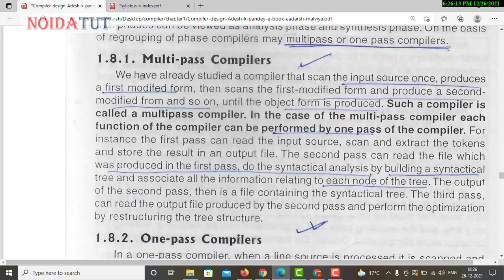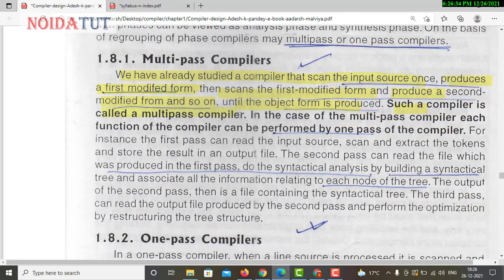Fine. Now let us see what it is. We have already studied the compiler that scans input source code, produces a first modified form, then scans the first modified form and produces a second modified form, until the object form is produced. Such a compiler is called a multi-pass compiler.